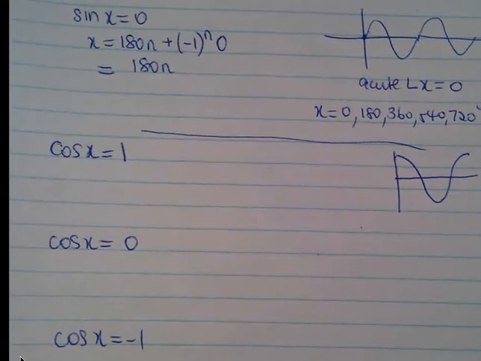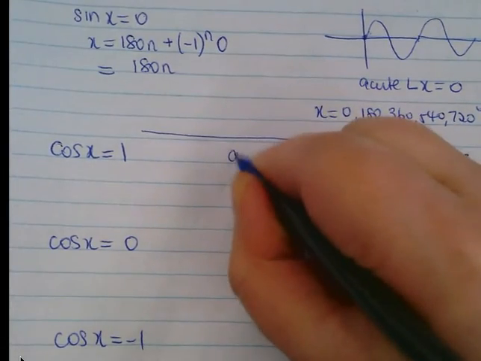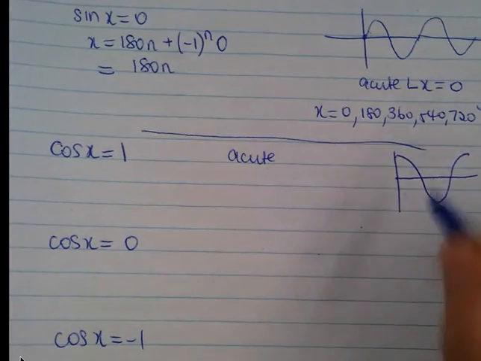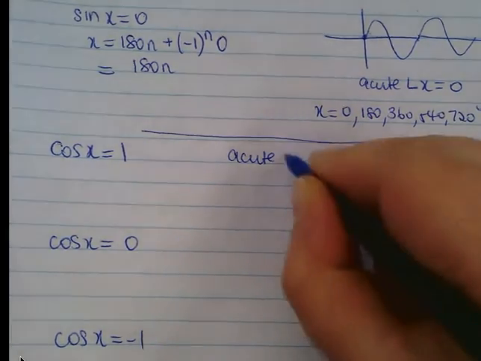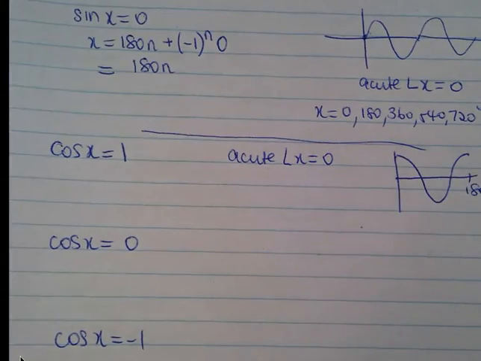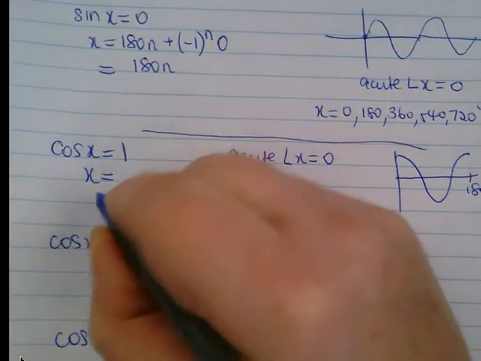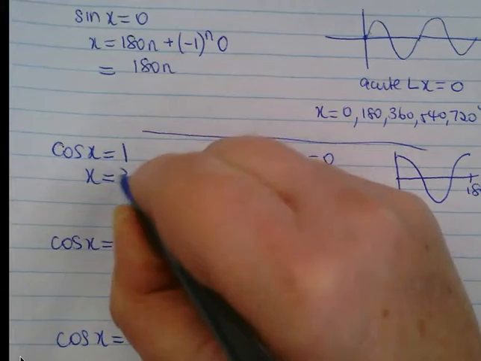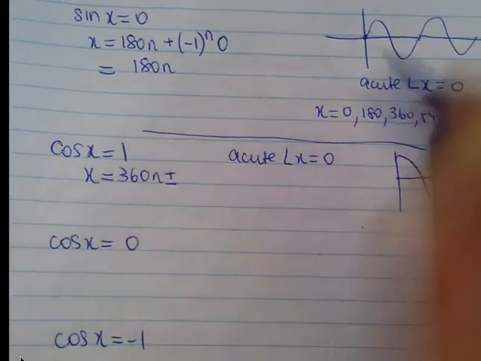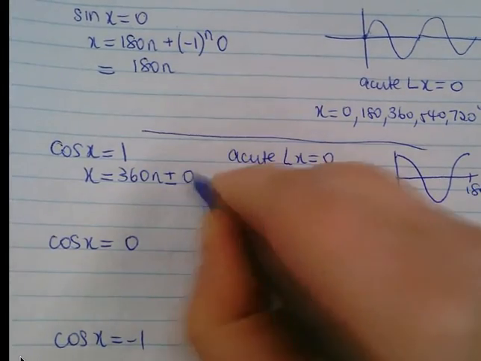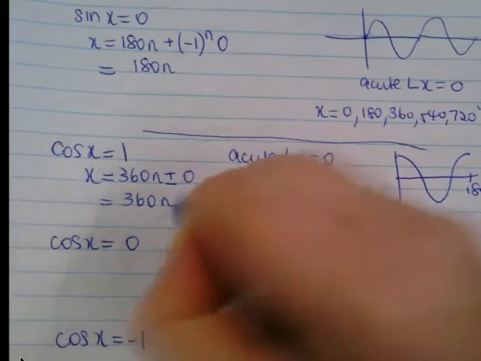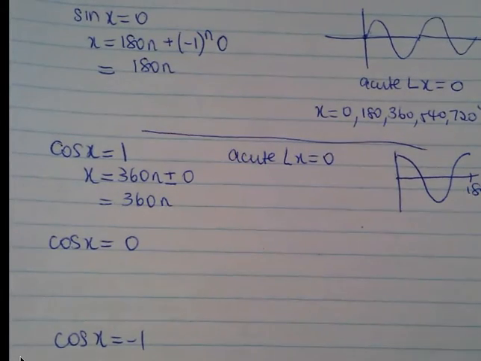Cos x is 1. What's your acute angle? Cos of what is 1? Cos of 0. So your acute angle x is 0. So isn't this one 360n plus or minus the acute angle, which is 0? That one's just 360n.